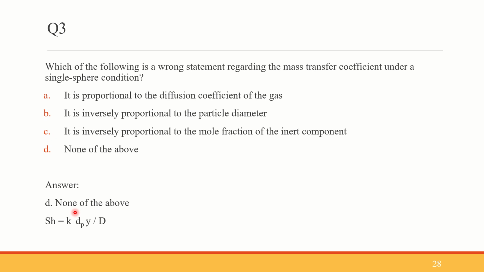Here K is the mass transfer coefficient, and therefore K is equal to Sherwood number into D, that is the diffusion coefficient, divided by dp into y. So K is directly proportional to the diffusion coefficient of the gas, inversely proportional to the particle diameter, and inversely proportional to the mole fraction of the inert component. So all of the statements are true. So none of the above is the right answer.